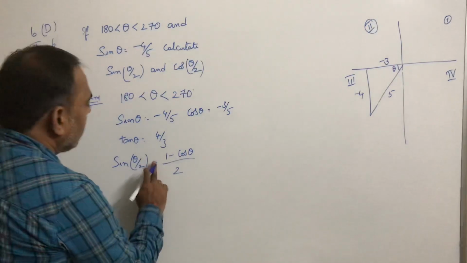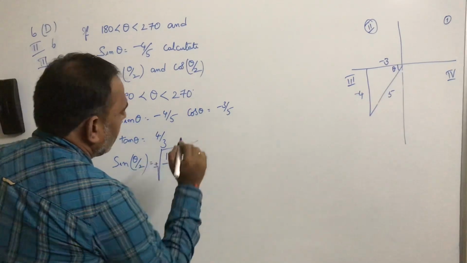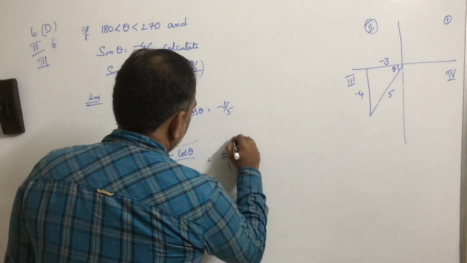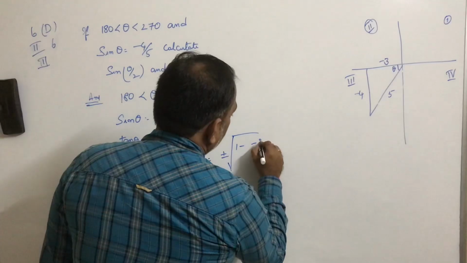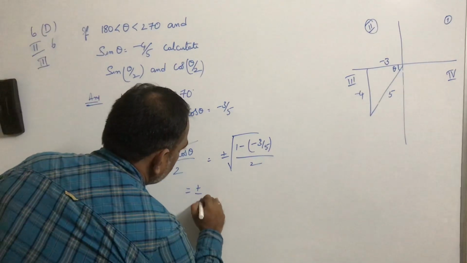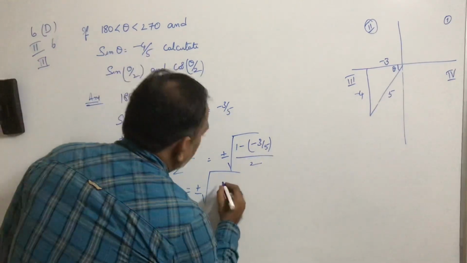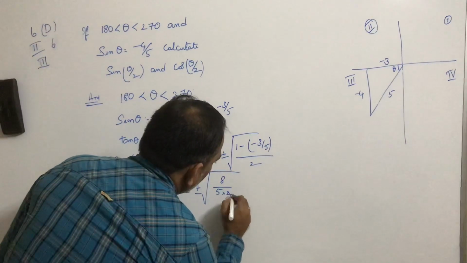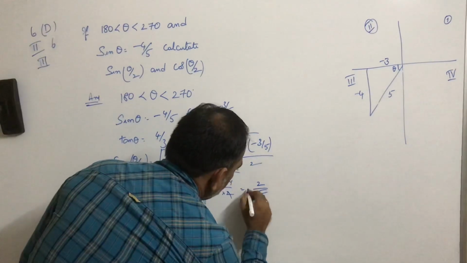That equals plus or minus square root of (1 minus (minus 3 by 5)) by 2, which is (5 plus 3) by 5, that is 8 by 5 into 2, so 4 by 5, that equals plus or minus 2 by root 5.